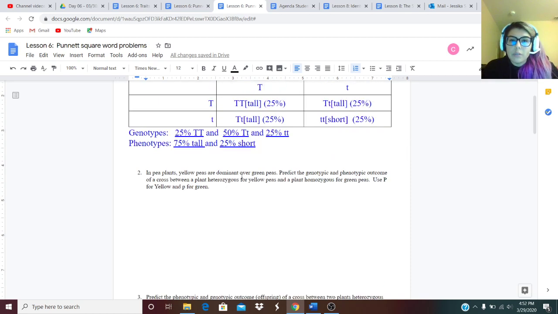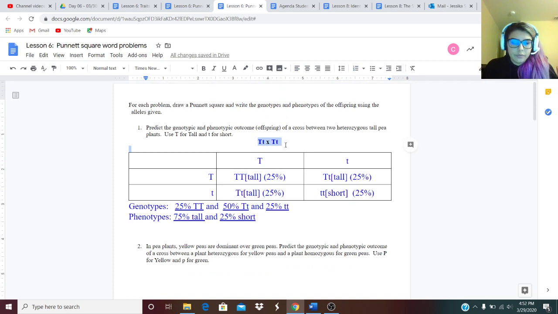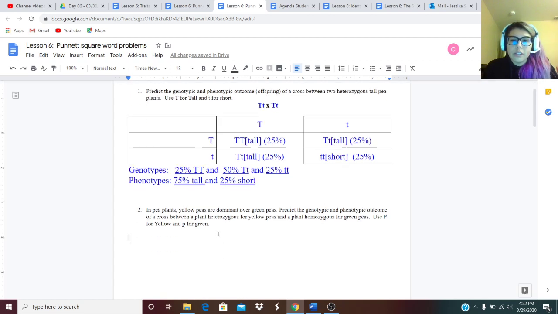Okay, so same setup, we're going to do a cross. But remember, it is asking for heterozygous yellow peas. In this one, it wants us to use capital P for yellow and lowercase p for green.